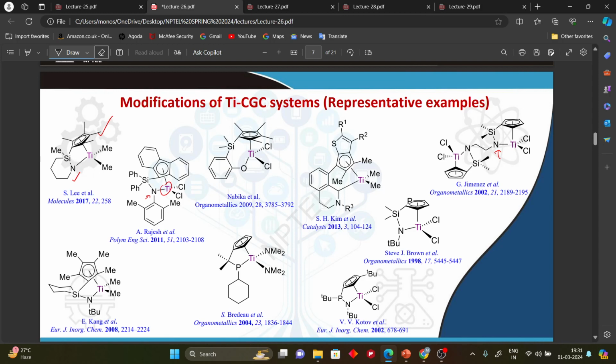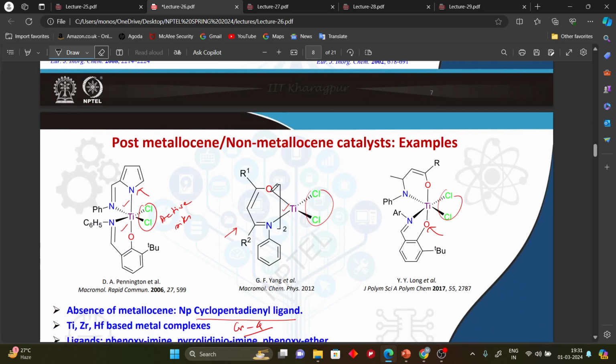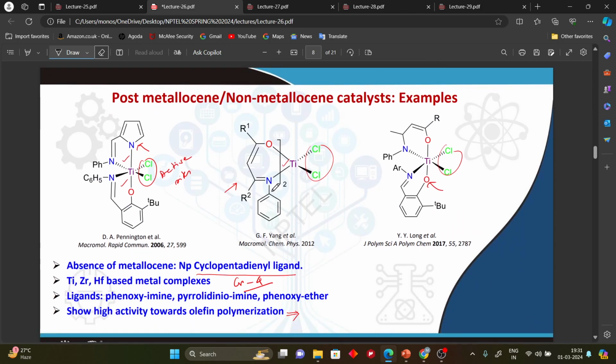That's why half sandwich is mentioned. And here again are different examples with variation of different chains, and you can see the list of publications with this particular titanium based CGC system.